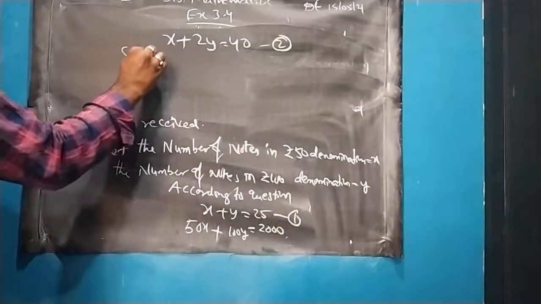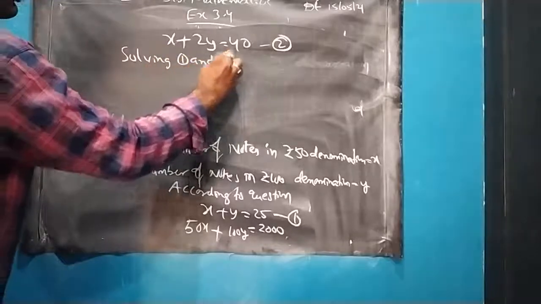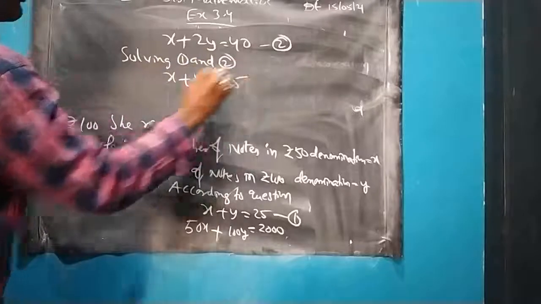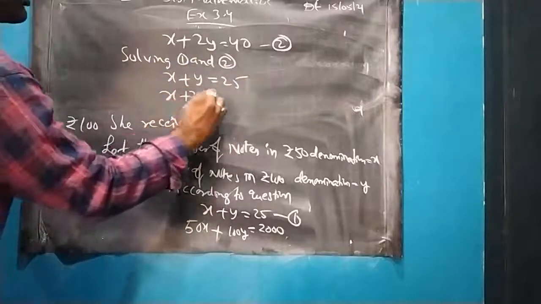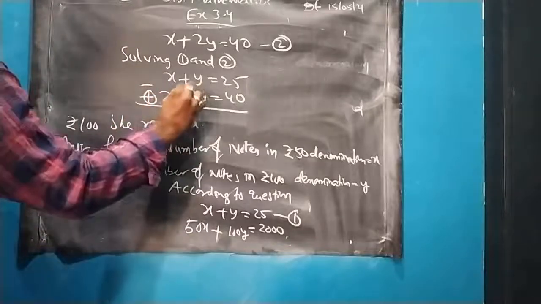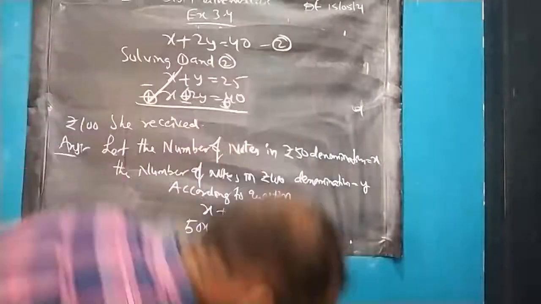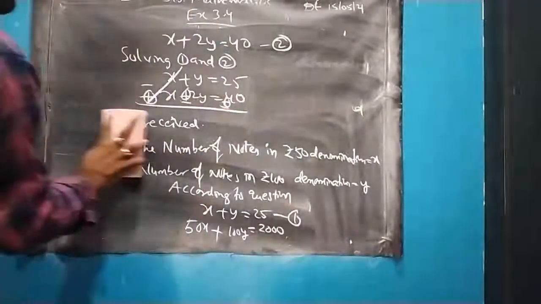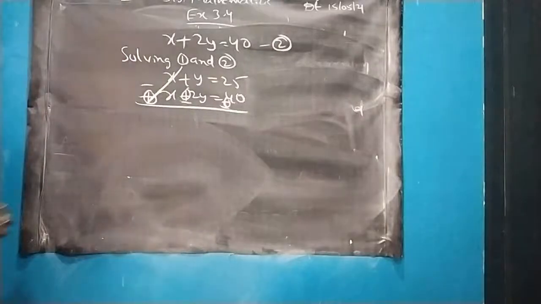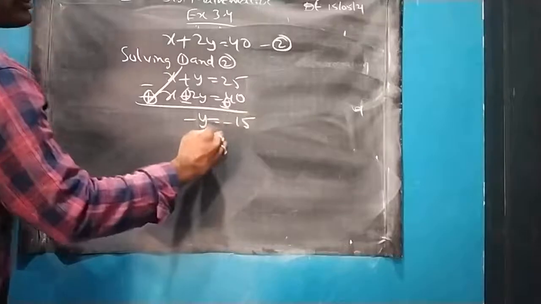So solving 1 and 2. How are we going to solve here? x plus y is 25, x plus 2y is 40. Plus becomes minus, plus becomes minus, plus becomes minus. The x terms get cancelled. So what is that here? Minus y is equals to minus 15.